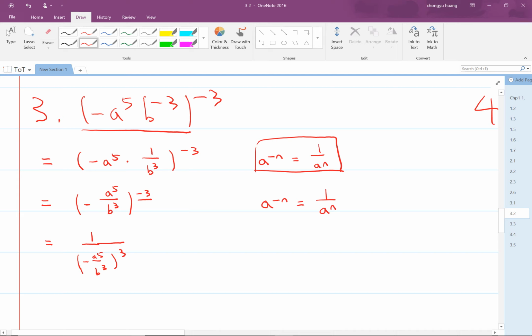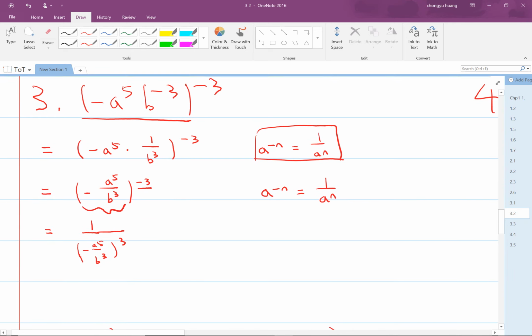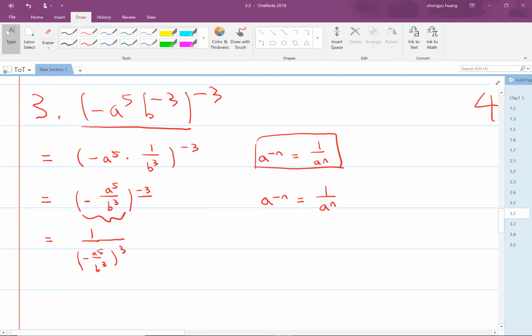So we see this whole thing as a term, okay? Let me just erase it, I guess, to make you wholly understand it. So we see this as a term, okay?